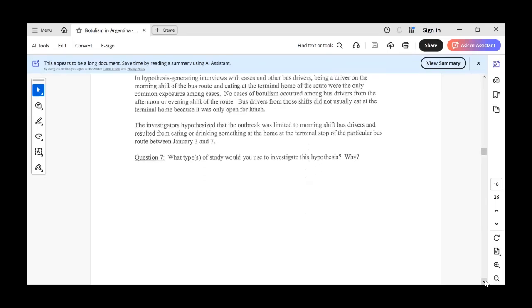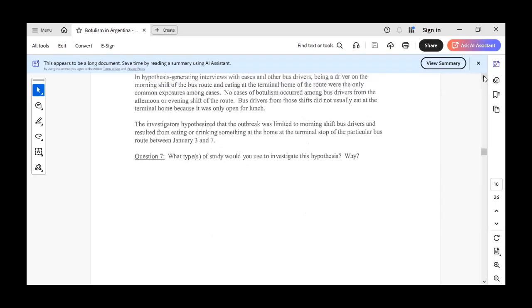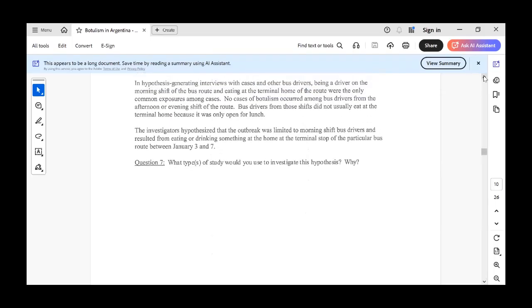What type of study would you use to investigate this hypothesis and why? The first thing that jumps out at me is case control because we have cases. Okay, so you could use a case control, or what else could you use? I guess retrospective.